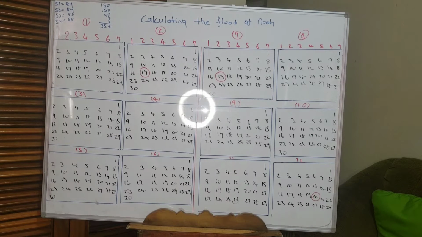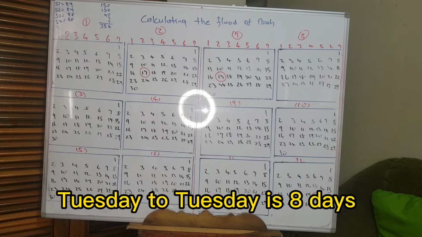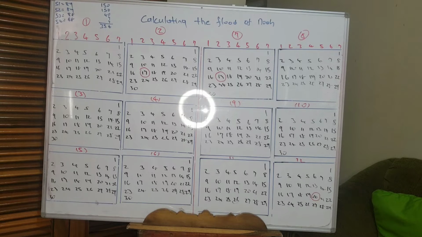Now, the next thing is when counting, what happens is that we usually think, in this culture, for example, today is Tuesday. We would say Tuesday to Tuesday is a week, but that's incorrect.